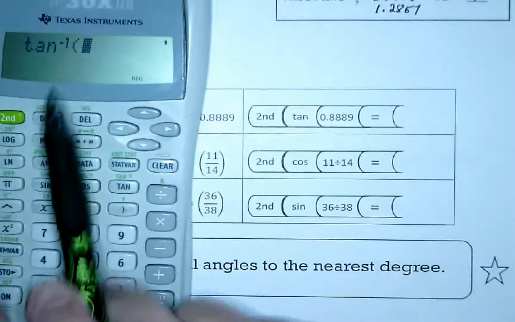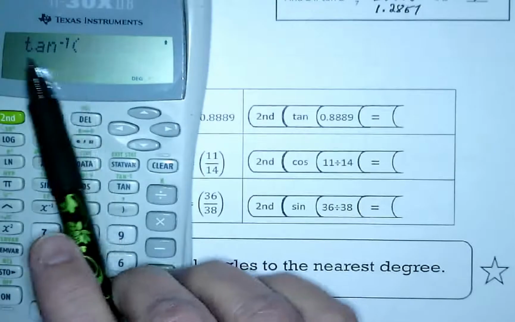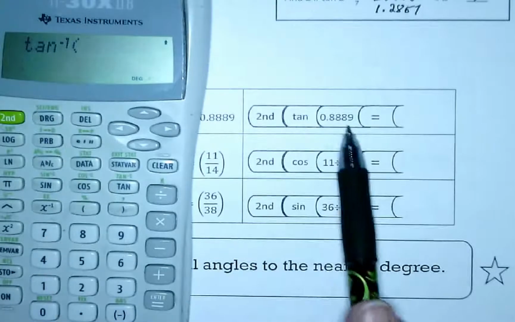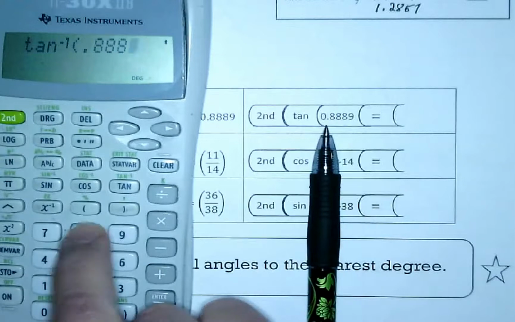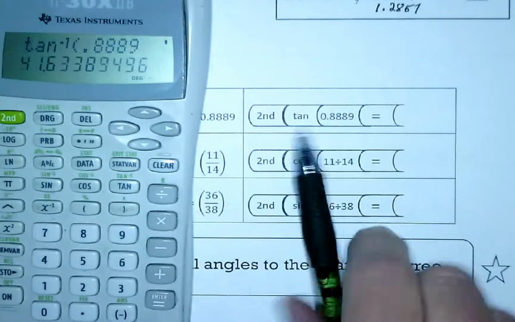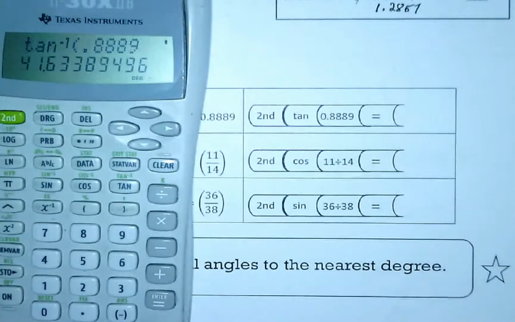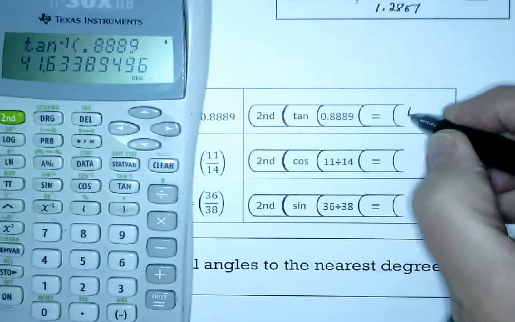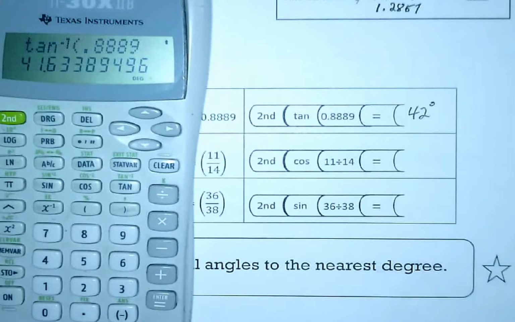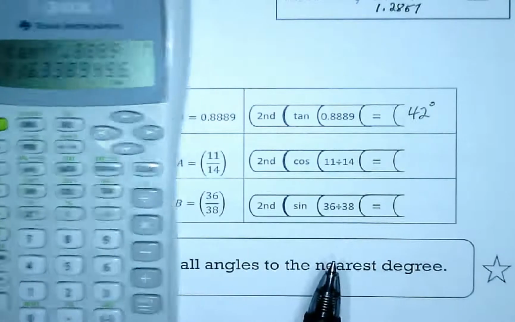You should see this on your screen where it says tan to the -1. Then I'm going to enter this decimal, 0.8889, and push equals. Now that is how many degrees it is. We're going to round to the nearest degree. So it's either going to be 41 or 42. This would round up to 42 degrees. It's a little bit easier on the calculator than it is to look it up on the chart.